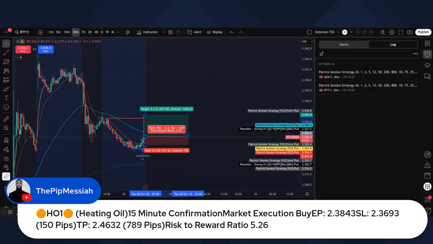Right, so RTY1. This is for the Russell 2000. It is a buy. All right, 2.56 risk. Entry at 25.2660. Stop at 25.2340. That's for 32 ticks.